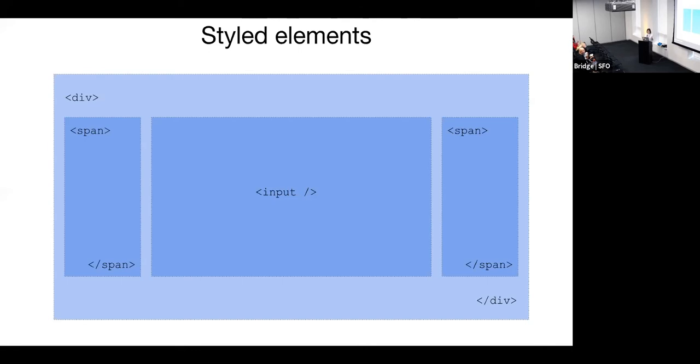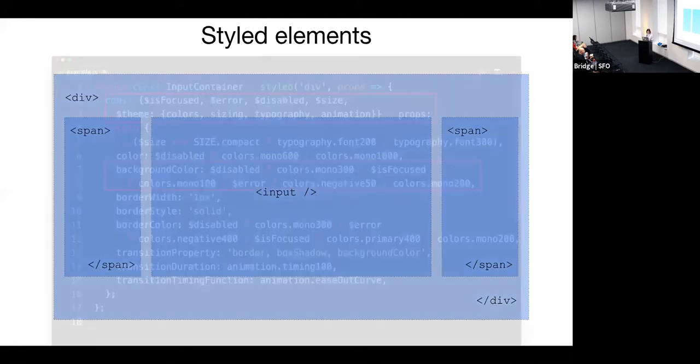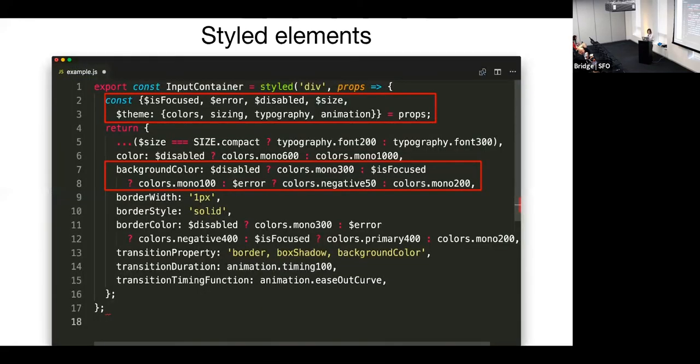Here's a schema of our input component, for example. It has a container, some spans for before and after elements, and the input itself. So every single element here, our div, span, and input, will be a separate styled component. And this is an example of our styled component.